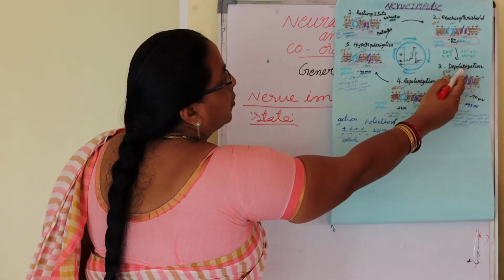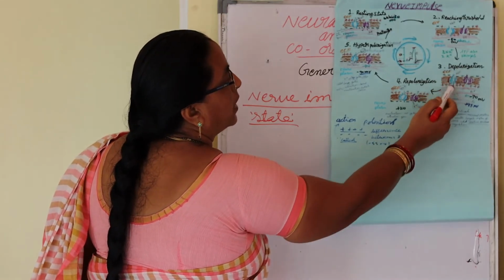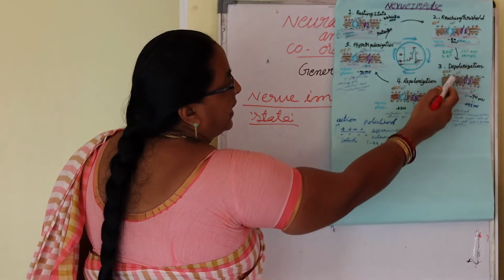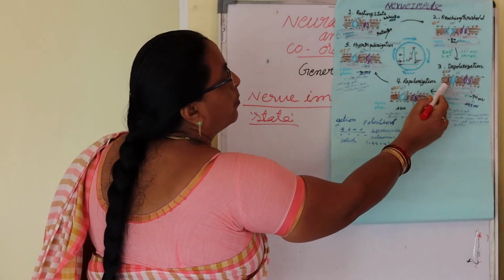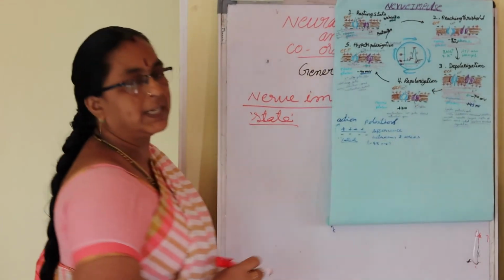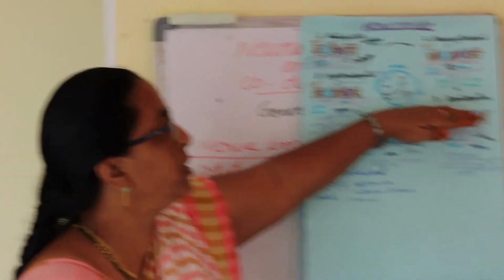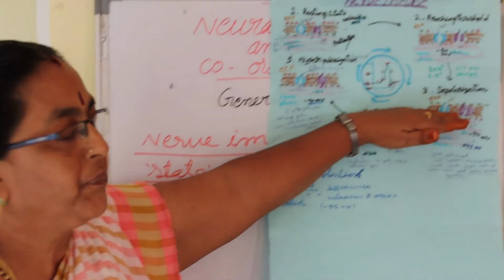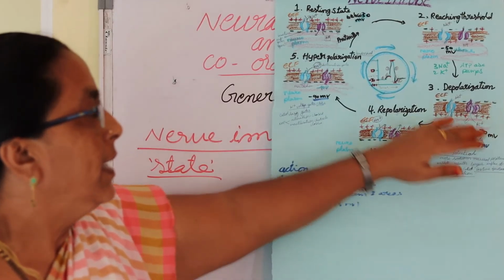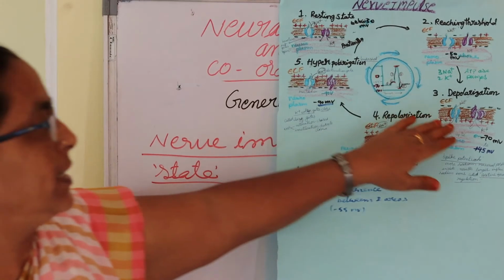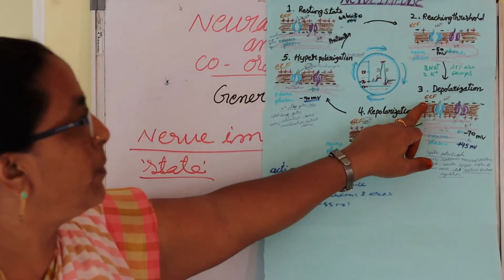Again, the sodium activation and inactivation gates are both open. Sodium enters into the exoplasm. Due to that, more positive charges build up, and the positive charge increases inside the axolemma. If you observe the resting state, there is negative charge inside and positive charge outside the membrane.